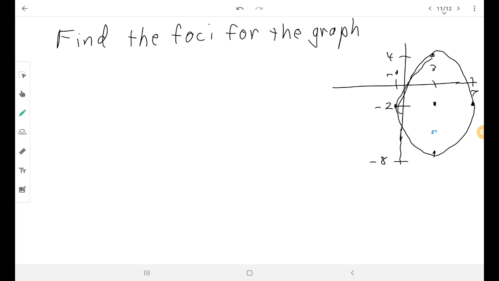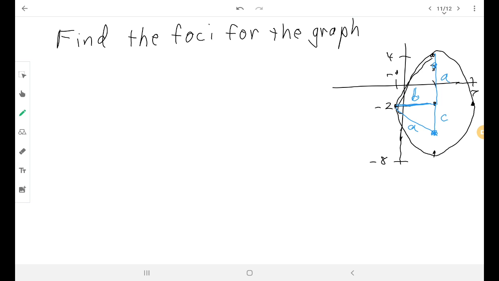There's one here somewhere, and there's one here somewhere. And so if we just find C, we will know that here is our distance B. This would be our distance C. And this is our distance A.